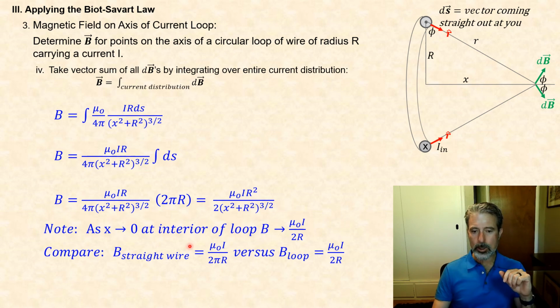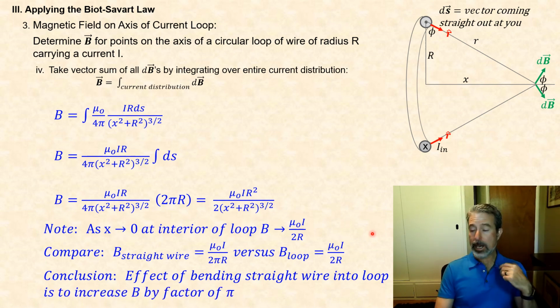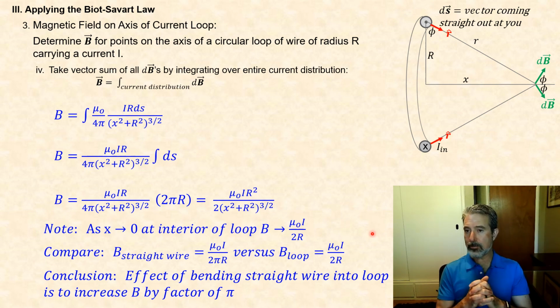When we make a comparison, mu naught I over 2 pi r for the straight wire versus mu naught I over 2R for the loop, do you see that the overall effect of bending that straight wire into a loop is to increase the magnetic field by a factor of pi? In other words, the magnetic field at the center of the loop is 3.14 times bigger than the magnetic field at the same distance r away from a straight wire. So this is significant because this is how we can develop very strong magnetic fields.